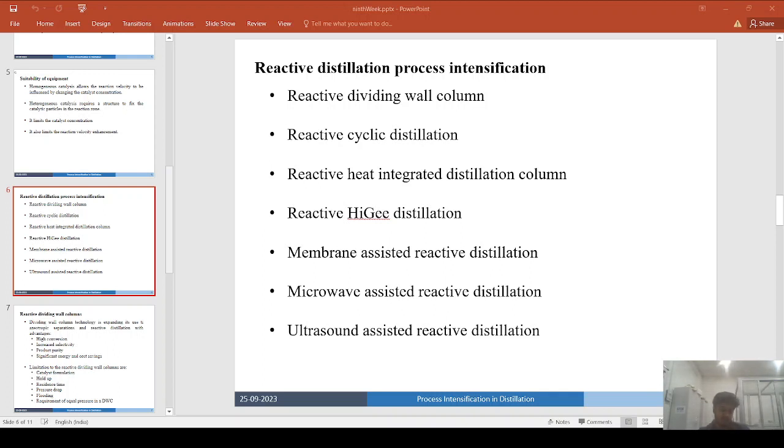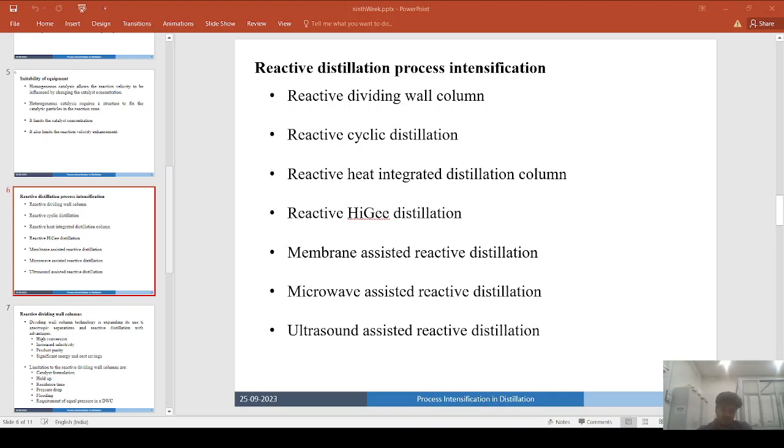A few of the novel reactive distillation setups born from the classic reactive distillation setup, when process intensification is applied to it, include the reactive dividing wall columns and reactive cyclic distillation, which is also called RCI-dist.